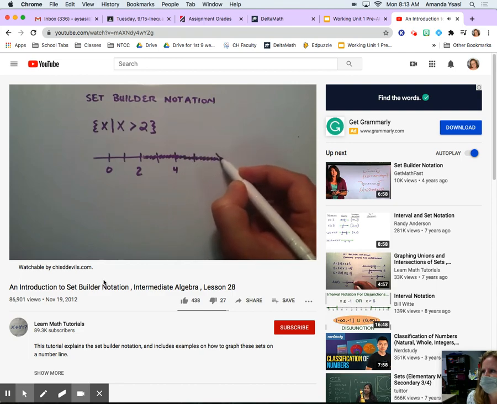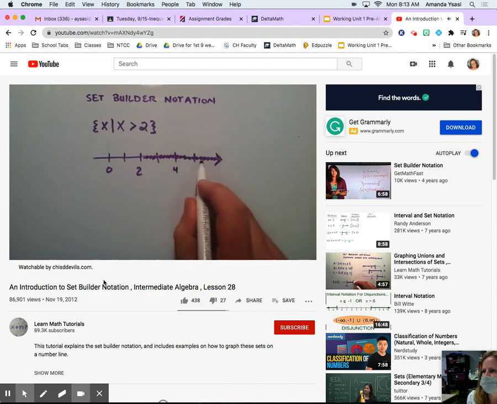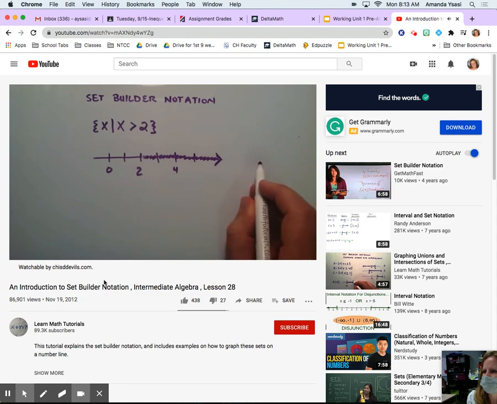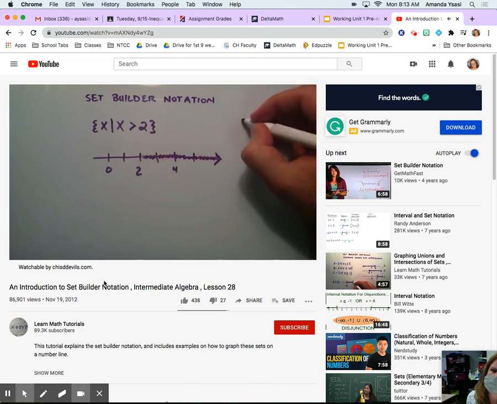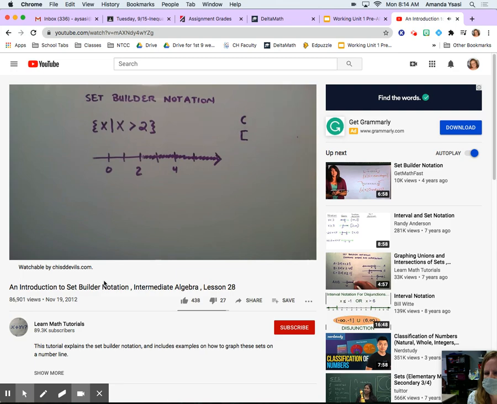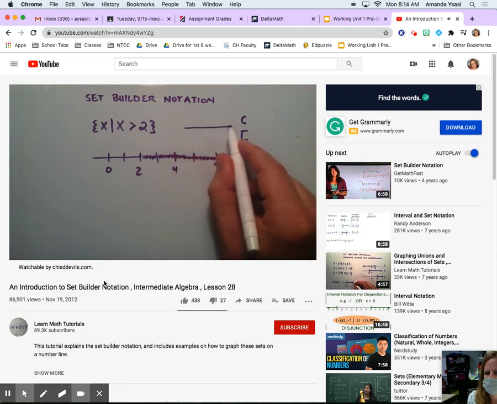And then we'll put a little arrow here to show that all the numbers that go on in that direction are also included in our set. And so now at the value 2, we need to make a decision. There's two choices. We can either put a half circle here or a square bracket. One of these choices is right and one of these choices is wrong. So let me show you when you want to use each of these.